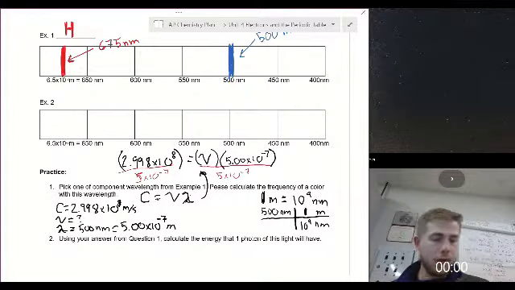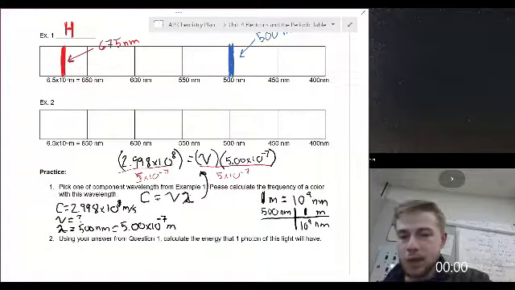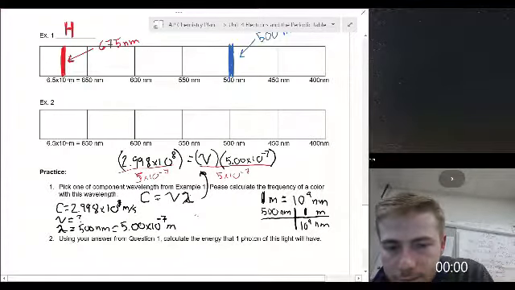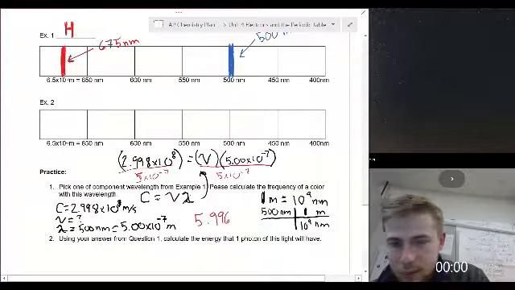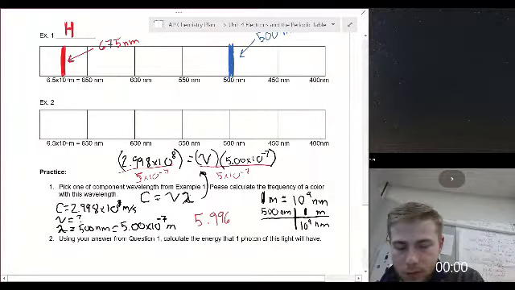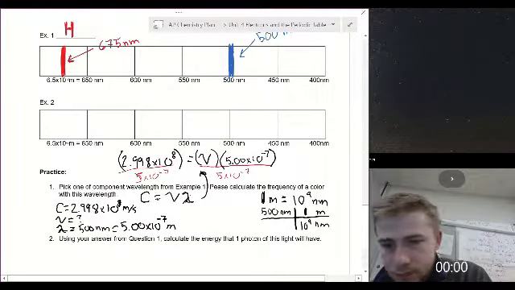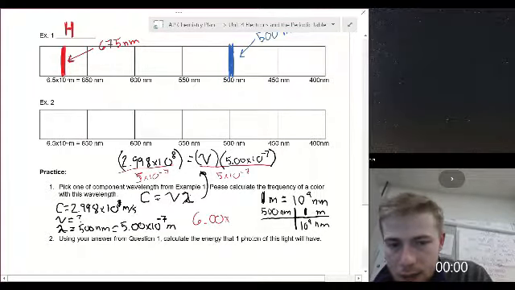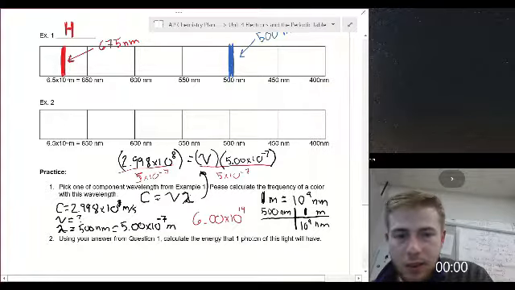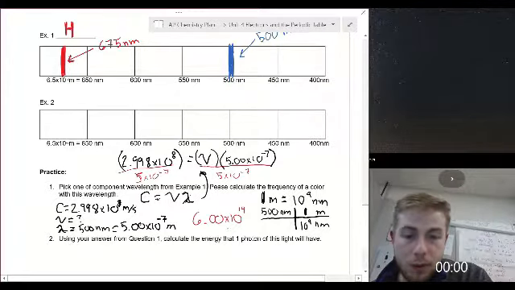All right, so I get a final answer of 5.996. Technically, if you want correct sig figs, it would just be 6.00 times 10 to the 14th, and that's per second.